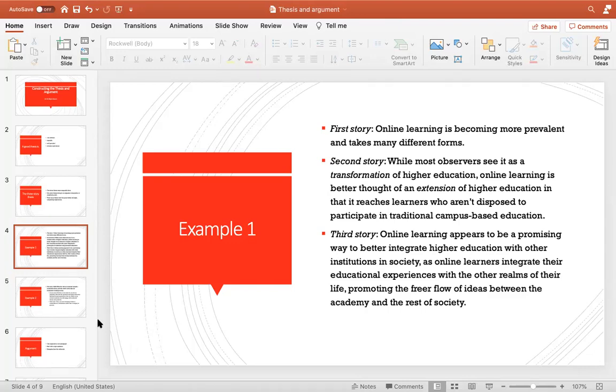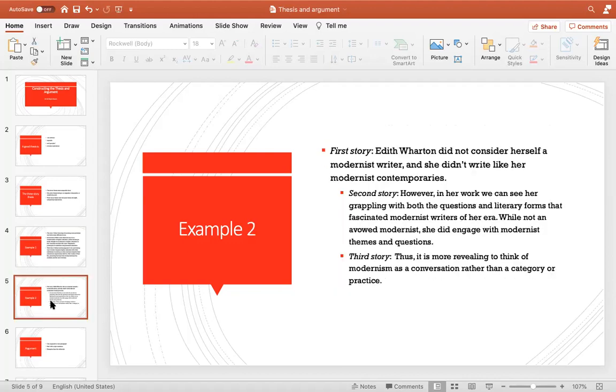So for your argument analysis paper, students, once again, you are first going to write your thesis statement on the top. And the thesis statement would be based upon both editorials or opinion pieces that you choose to work on. Preferably, you should have a second story thesis statement. Try to make it third story, but at least second story is required.